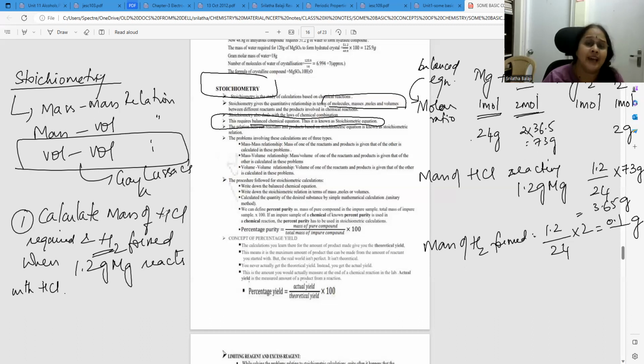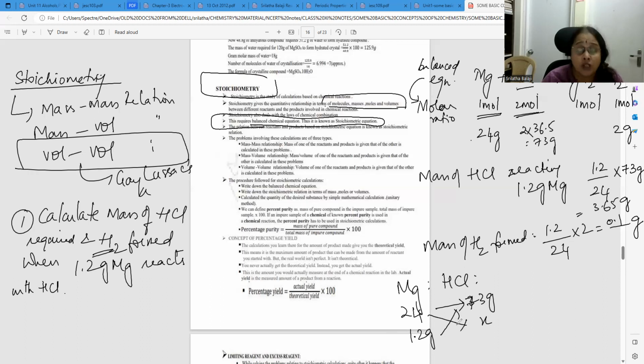The question is to calculate the mass of HCl reacting with 1.2 grams of magnesium. 24 grams is reacting with 73 grams, so 1.2 will react with how much?